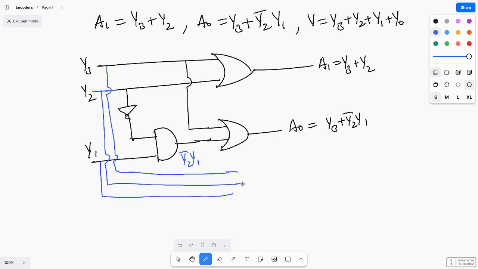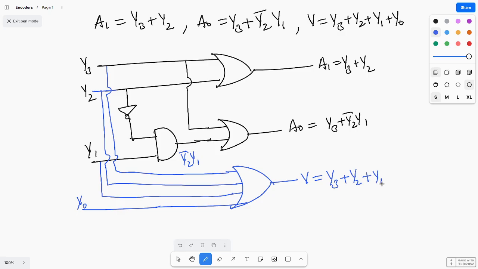One more input is there, y0. y0 is connected with the OR gate. This is V equals y3 plus y2 plus y1 plus y0.